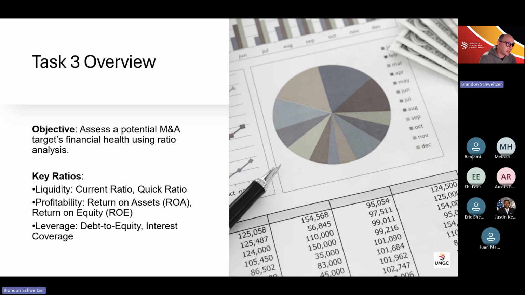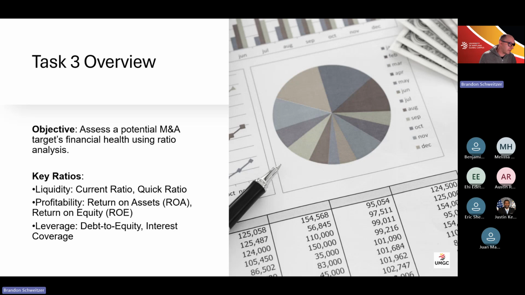If you calculate these ratios, it'll certainly help you to understand if the company has the ability to make any mergers and acquisitions in the first place. But also, if you run these ratios on the competitors of your company, it could determine if that company would be a potential merger and acquisition target.